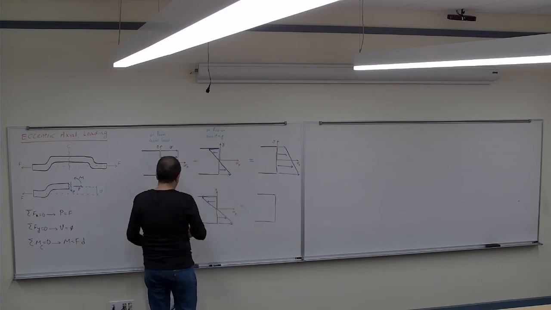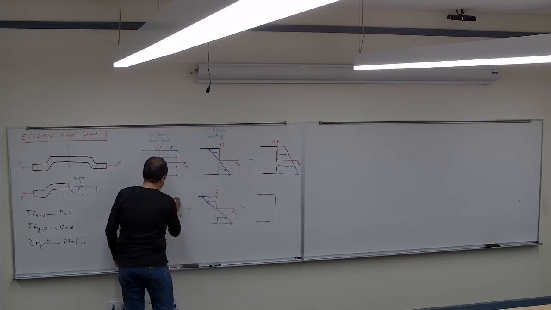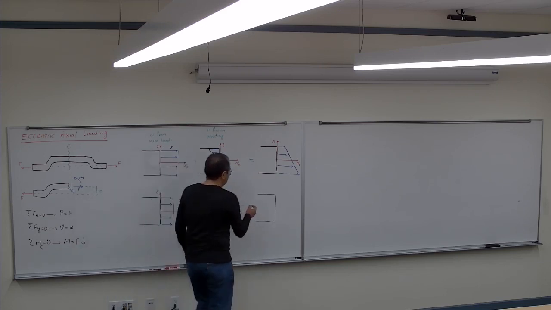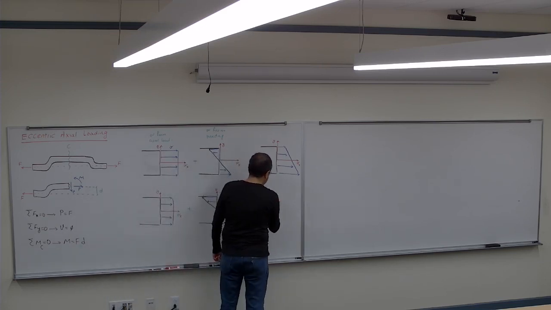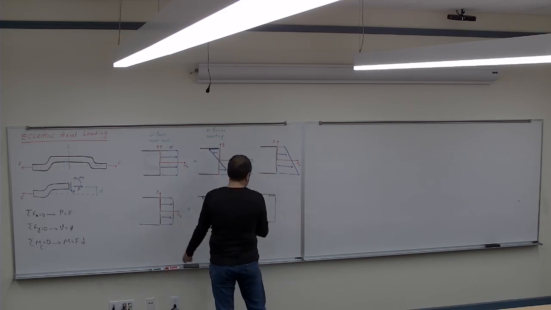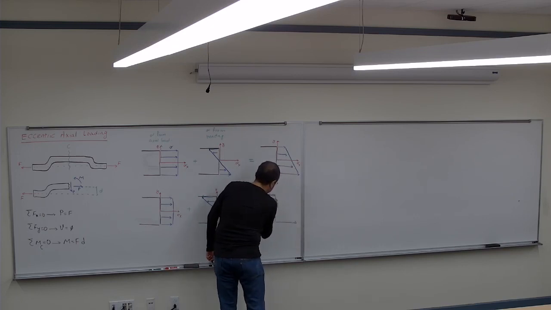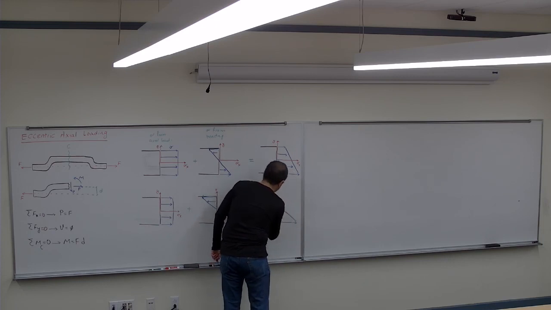So this time, because this is bigger, the tension here is larger than the compression, so I'm going to get something negative here. And then here at the bottom they would be added together, and it goes something like that.